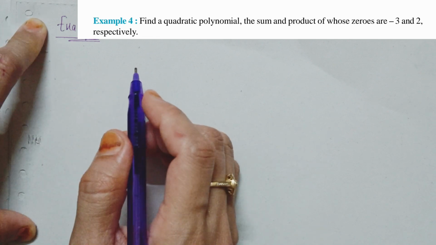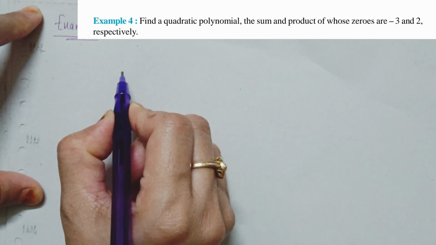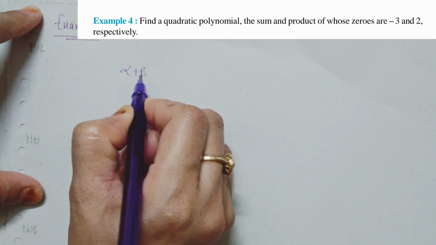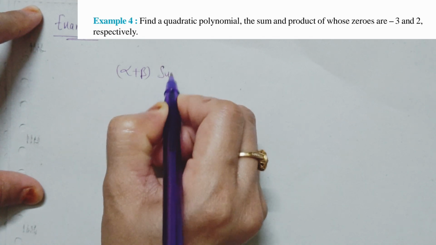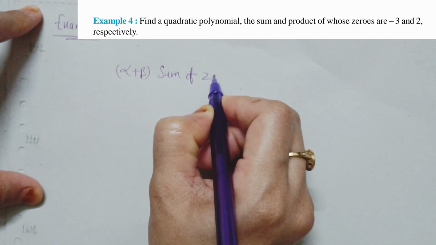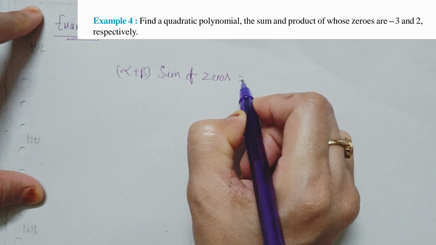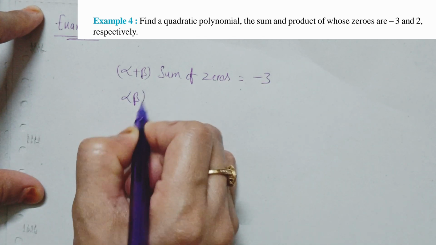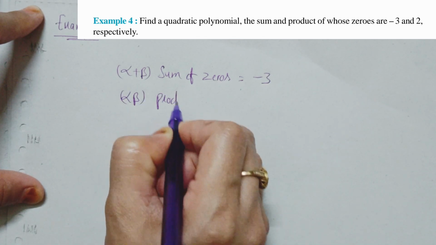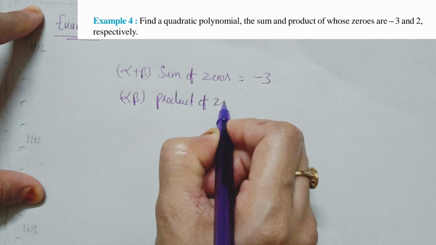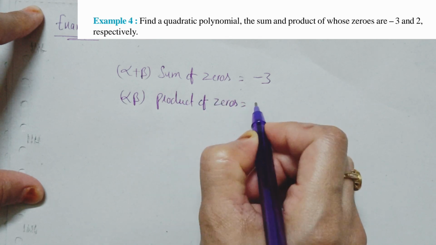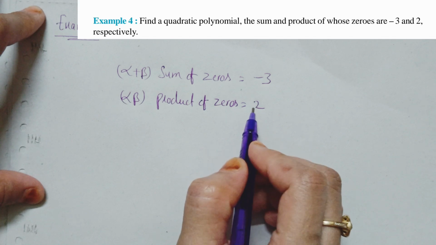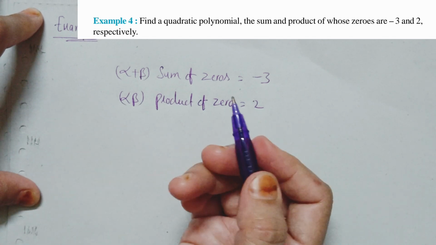Okay, let's see this. So here what is given, alpha plus beta, which means sum of zeros. Sum of zeros is -3. Then we have been given alpha beta, which is product of zeros, which is 2. By using these two, we have to make a quadratic polynomial.